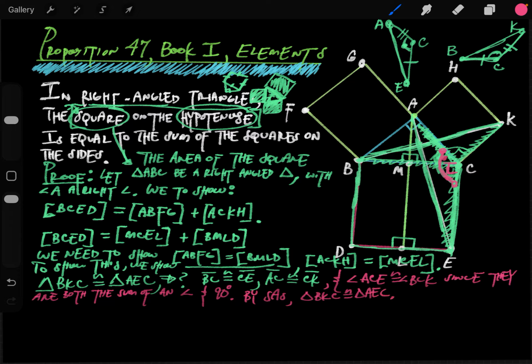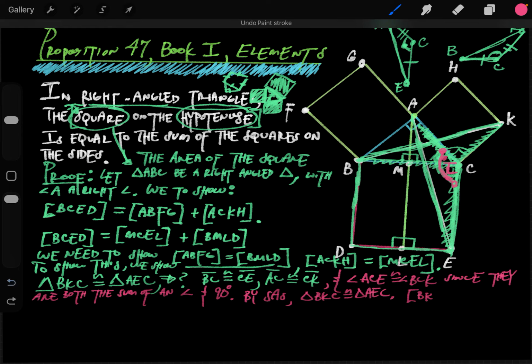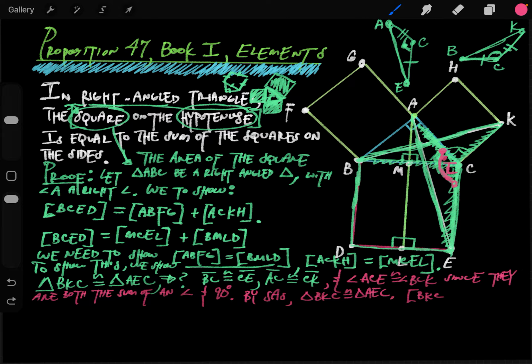Now once we have that, we should then conclude that, of course, if they're congruent, their areas are equal. So the area of triangle BKC has to be equal to the area of AEC. Clearly, if they're the same triangle and they overlap, then the amount of space that they have on the inside is going to be the same.